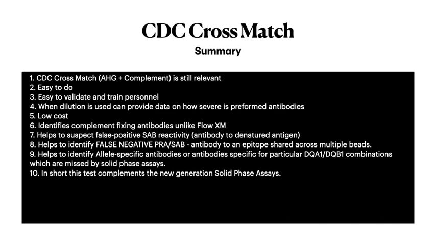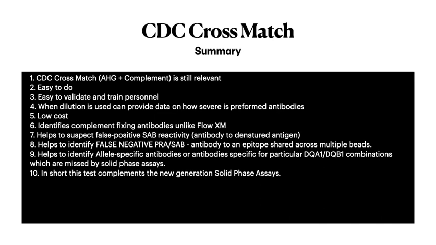It helps to suspect false positive SAB reactivity due to denatured antigen when CDC is repeatedly negative along with a negative flow cross match. It helps to identify false negative PRAs also, especially when the PRA on SAB comes negative due to sharing of epitopes by the antibodies.